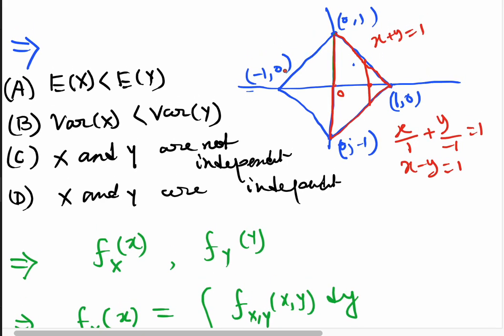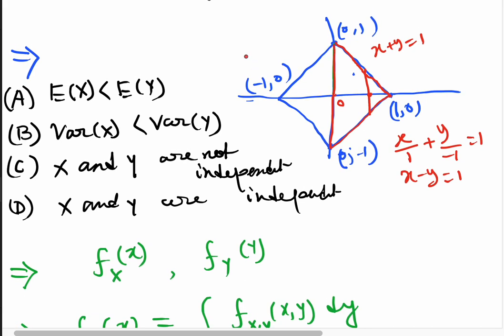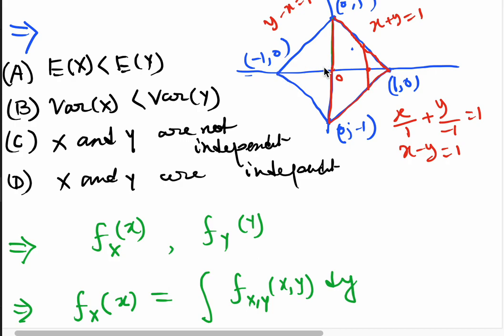Here the equation is x/(-1) + y/1 = 1, so y - x = 1, and this cuts x at -1. This one cuts y at -1, so y/(-1) = 1, giving -x - y = 1.